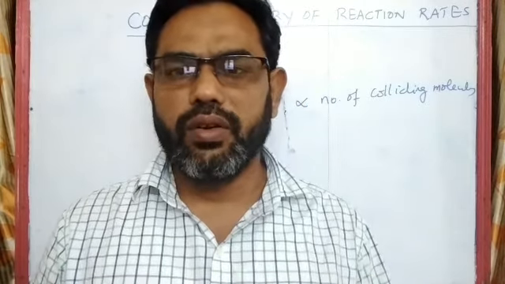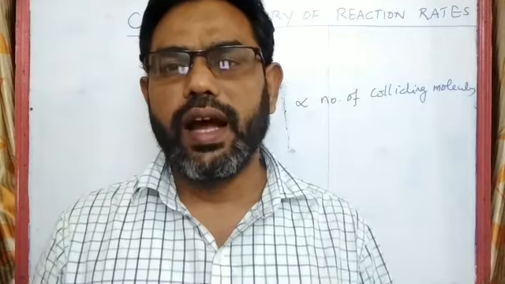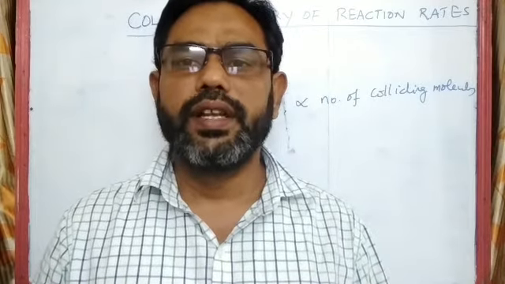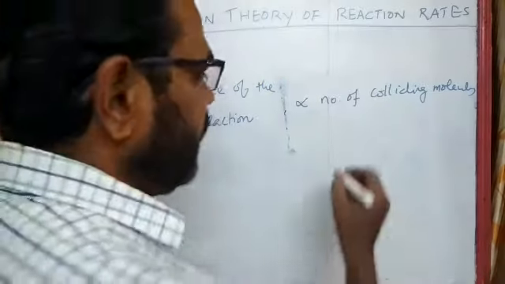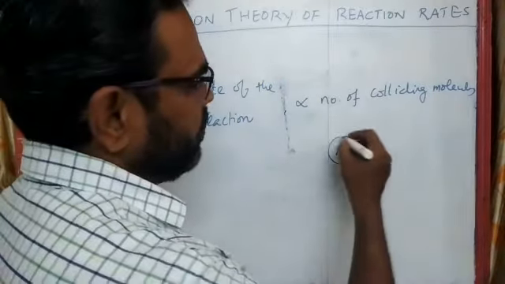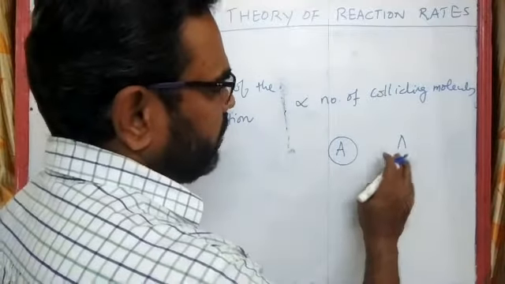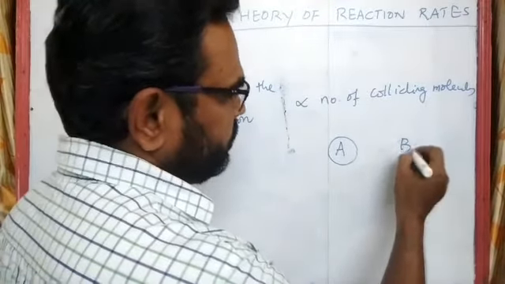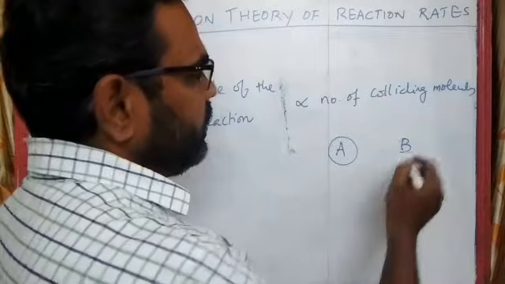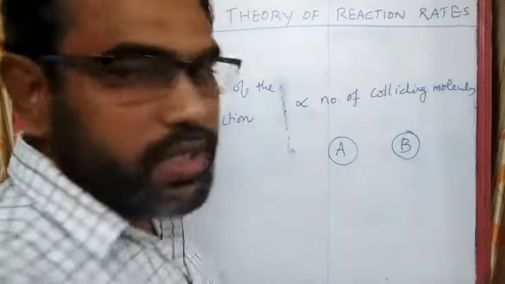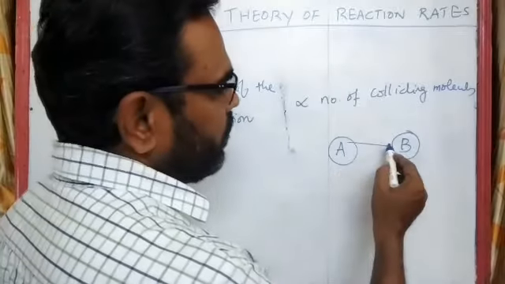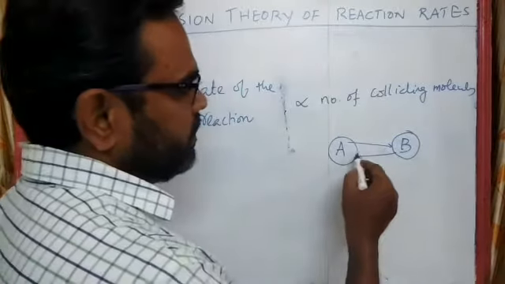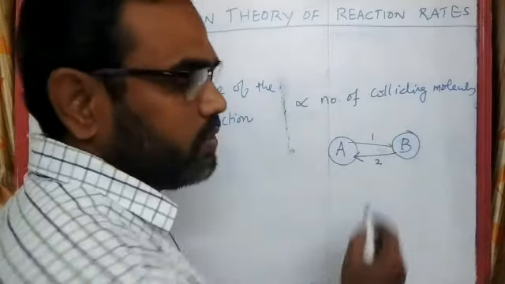So the number of collisions again depends on the number of molecules. Say there are two molecules, A and B. One molecule is A, another molecule is B. Then the possible collisions between these two molecules are 1 and 2.